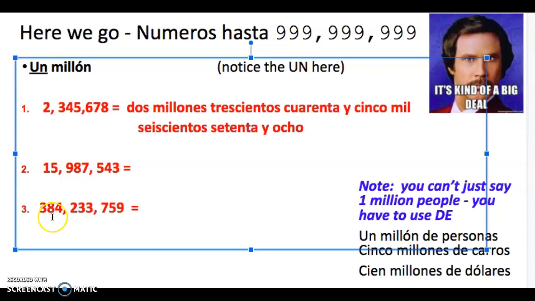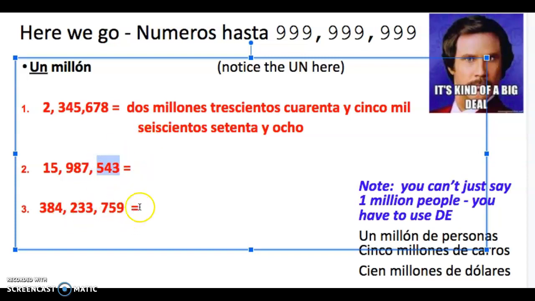So try the last two, and then that'll be the end of our number tutorial. Okay, so we are back. Number 2 is 15,987,543. So I simply write 15 millones, make it plural. 987,000. See my little mil comma there. 543.